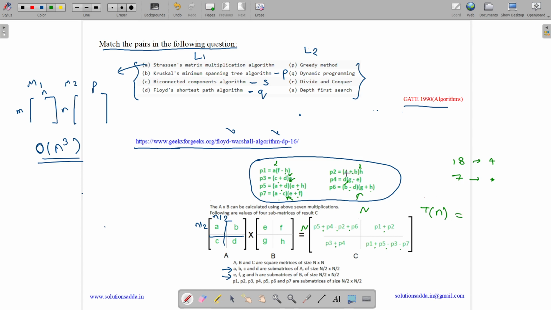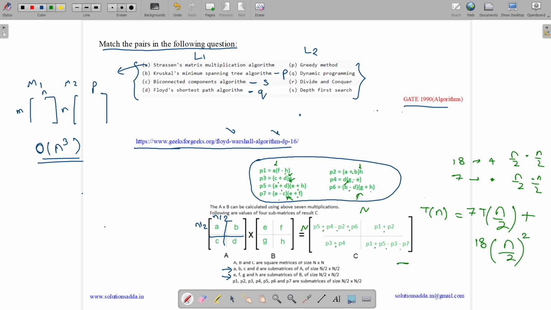So what will be the complexity? The size of each matrix being multiplied is n by 2 cross n by 2, and the size of each matrix being added is n by 2 cross n by 2. So the complexity is 7 T(n by 2) for the multiplications plus 18 additions of n by 2 matrices, of the order 18 (n by 2) squared.